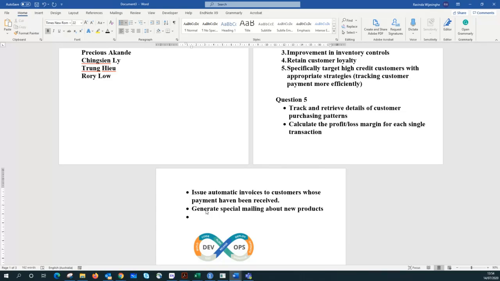Because then the management can target those customers specifically. So elaborate on credit balances and aged accounts of each customer.